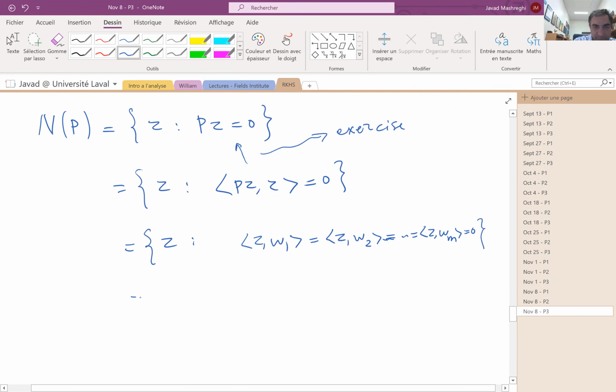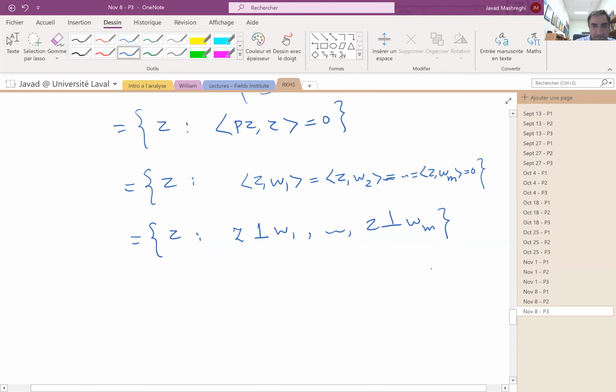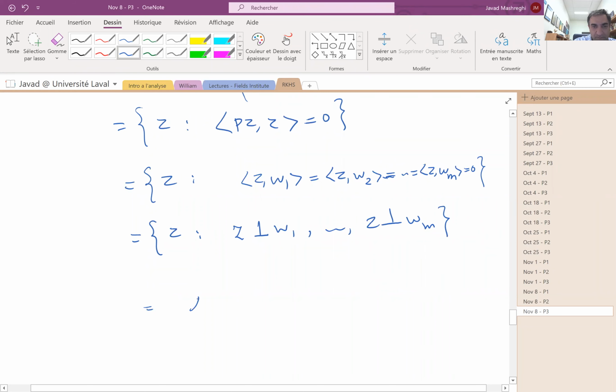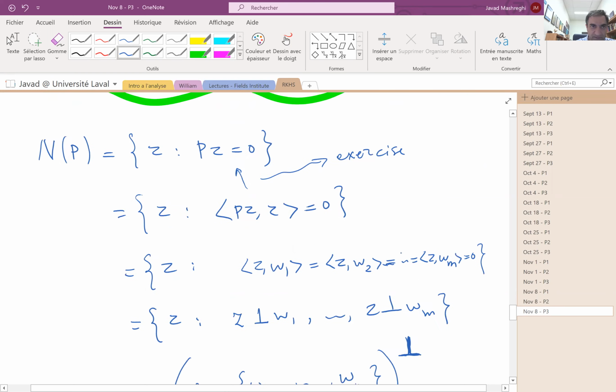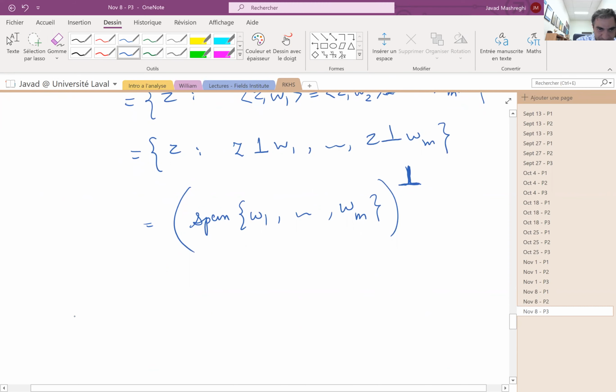Or put it this way, all the points z such that z is orthogonal to w1, z is orthogonal to wm, or the span of w1 up to wm, perp. So that's another formula for N of P.